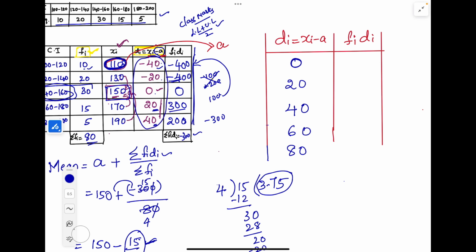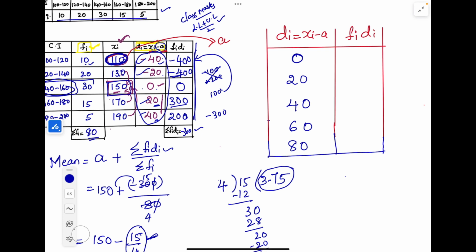The difference you can see: here we got negative numbers, and here 0, then positive numbers. When you take the first value xi as assumed mean, then only positive numbers. So the students who still make mistakes in negative sign, positive sign, better you take this as your A value, but it is completely up to you. It is your choice.